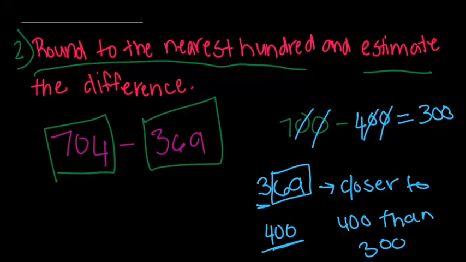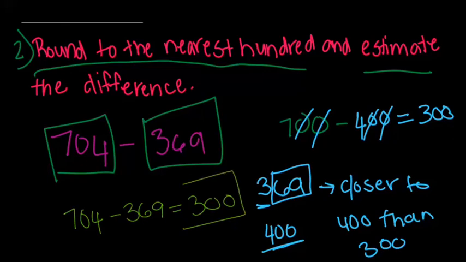So basically, 704 minus 369 is equal to 300. But this is just an estimate. This is not the exact answer.